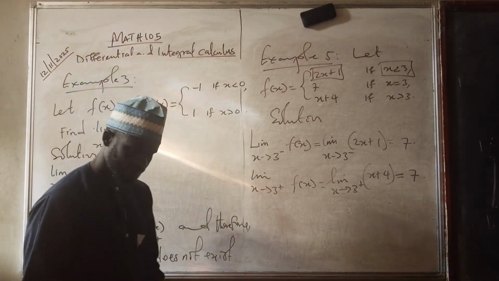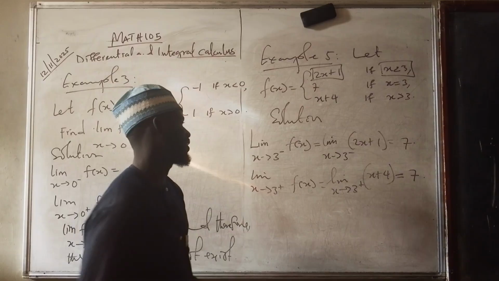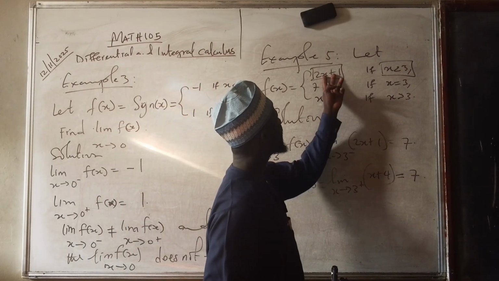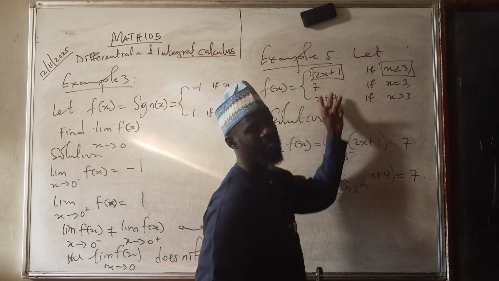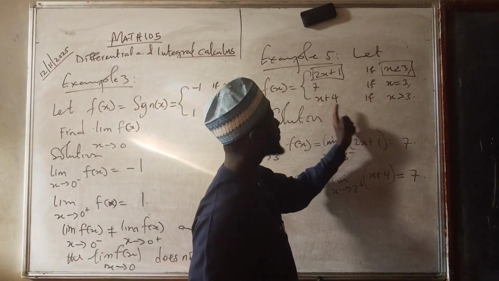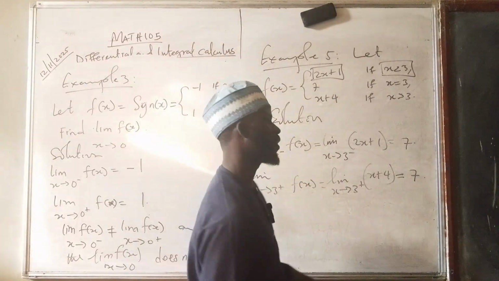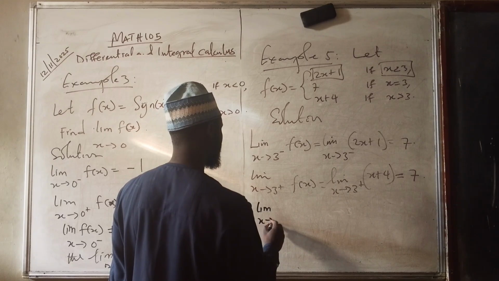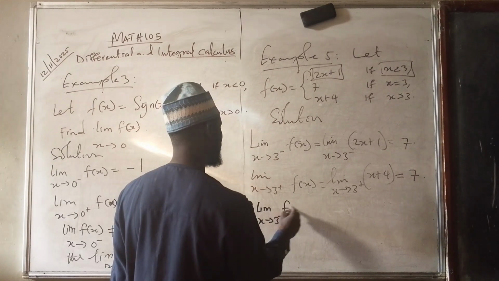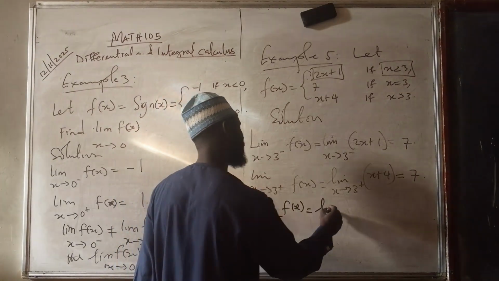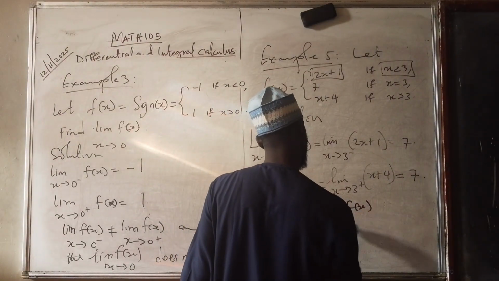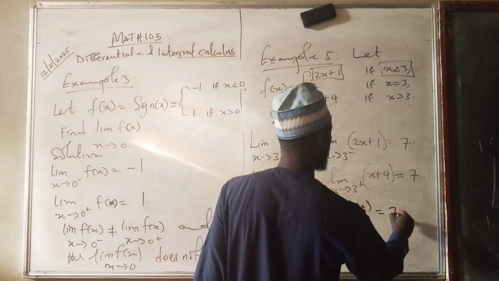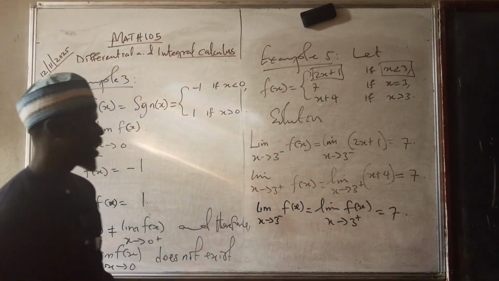Despite the fact that the two defined functions here are different, they have the same limit on the left and on the right. So the limit as x tends to 3 from the left of f of x equals the limit from the right, and that is 7. So the limit exists and is 7.